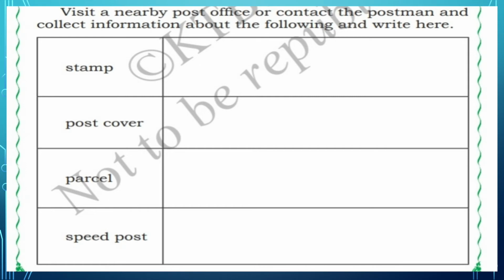They have given some words, and you have to write the information about those things with the help of the postman. The first thing they have given here is the stamp.